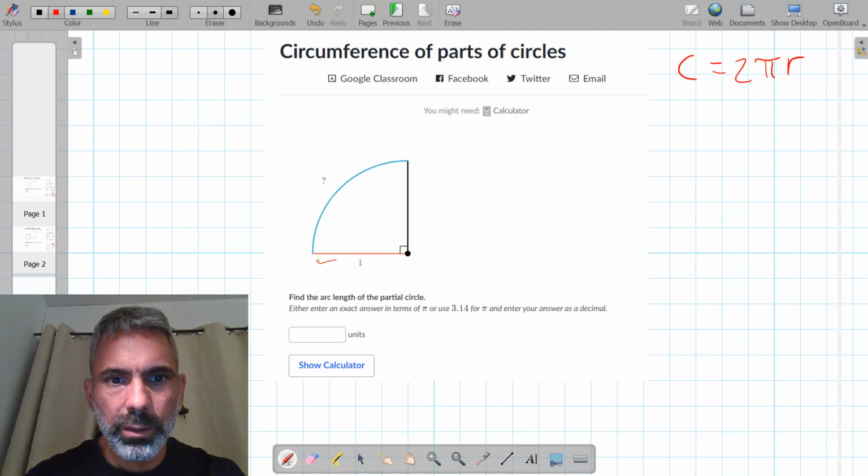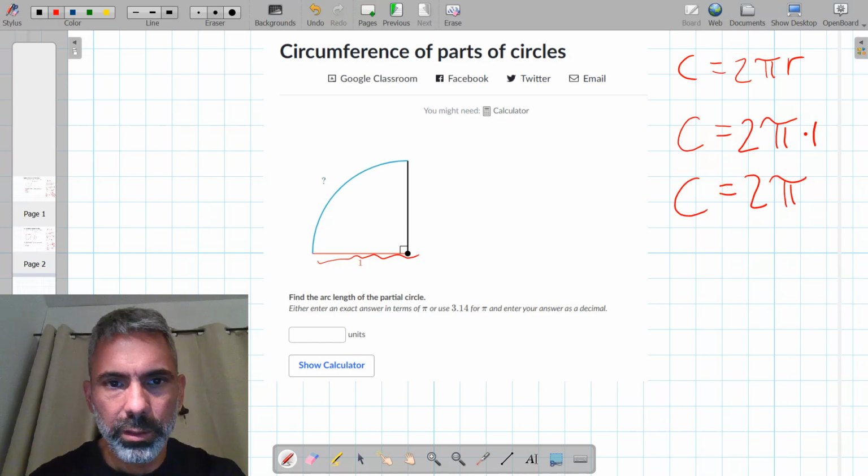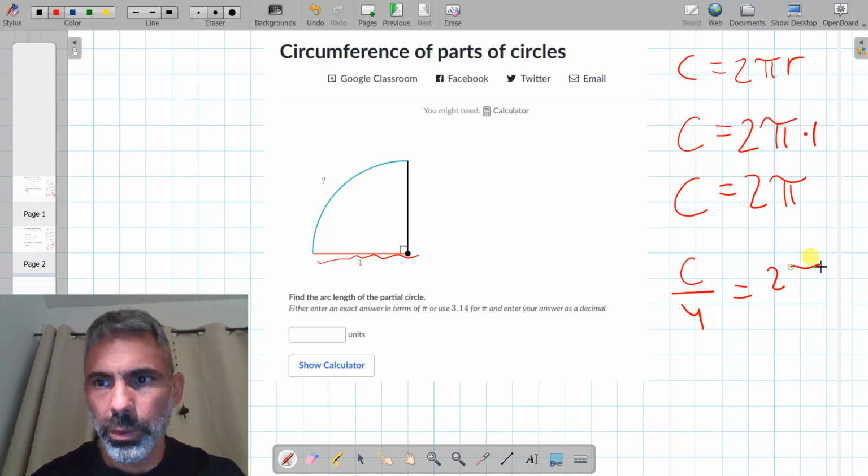And since the radius equals 1, the full circumference is 2 pi times 1, which is 2 pi. We need 1/4 of the full circumference, so C divided by 4 equals 2 pi divided by 4.